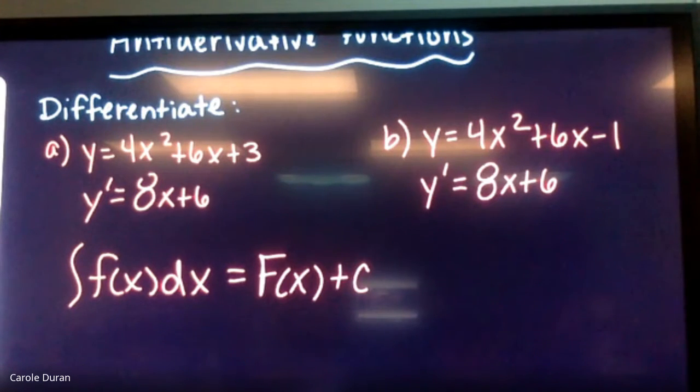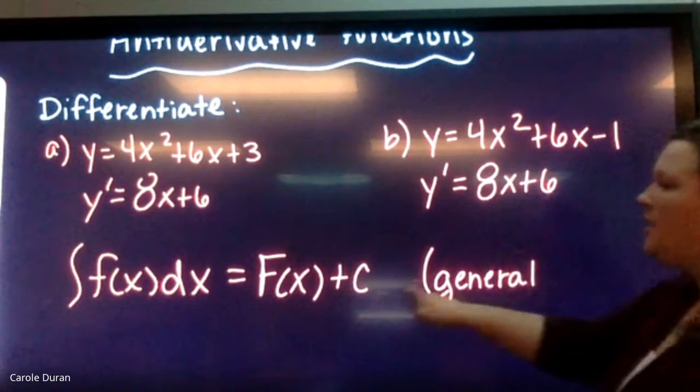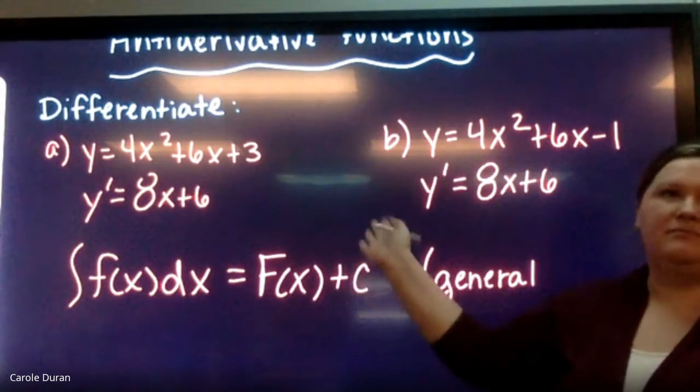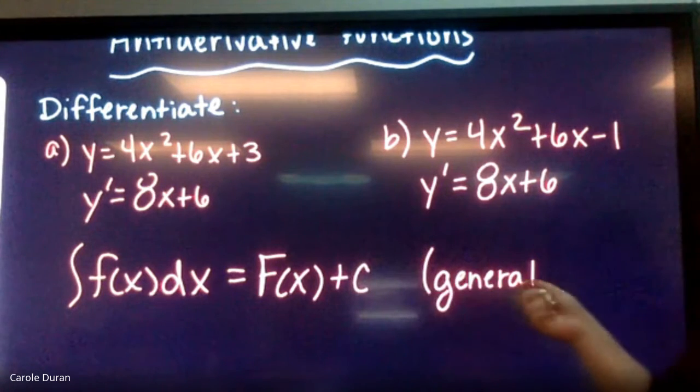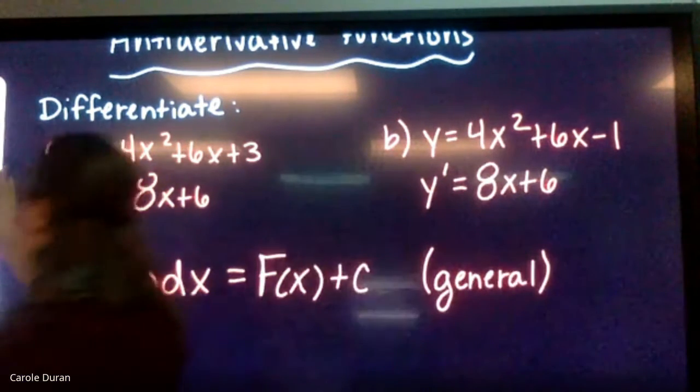Just a refresher, the little f is the derivative. They can also be called families of antiderivatives because all the family members have a different constant, but they have the same base function. So what we're going to practice today is using that plus c in our antiderivatives and then solving for what c could be.